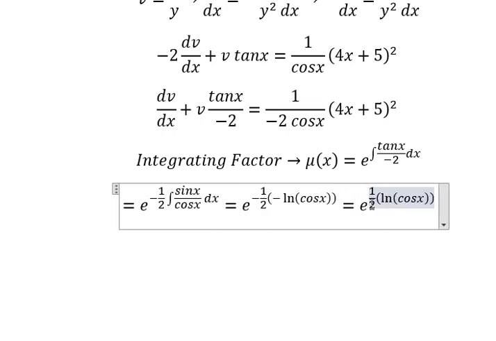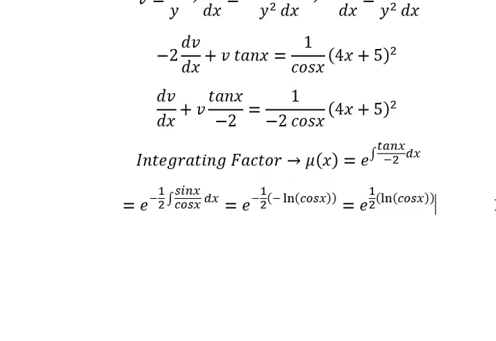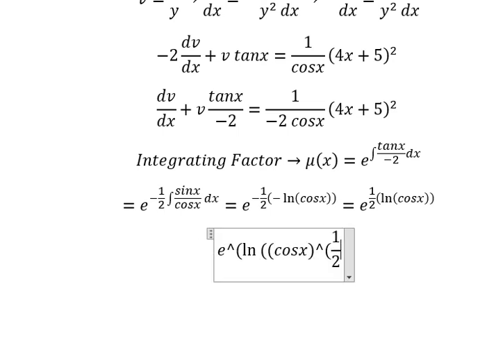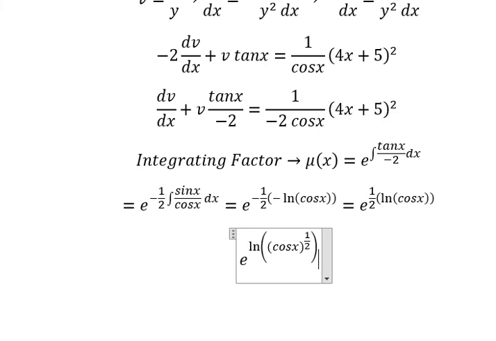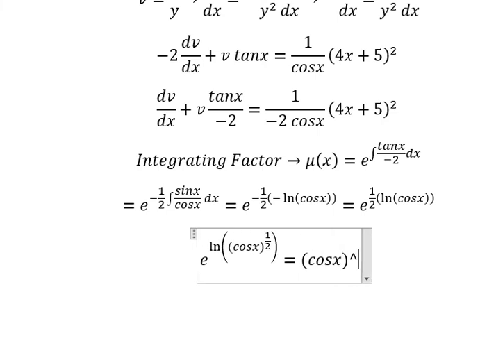And now I will put 1 over 2 inside the natural log in here. And we have cosine s to the power of 1 over 2.